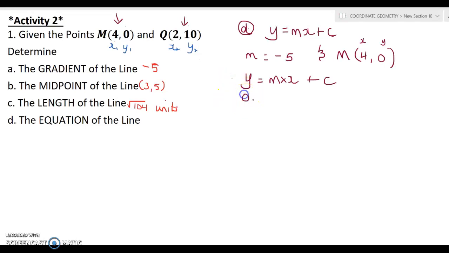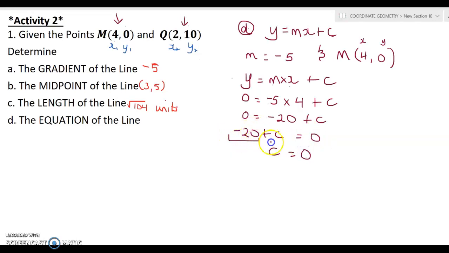My gradient m is negative 5 multiplied by the value of x, which is 4, plus c, right? So now we get 0 is equal to negative 5 times 4 is minus 20 plus c. If we flip the equation now, minus 20 plus c, so the value of c would be what? 0, and then the opposite of minus 20, or positive 20, right?